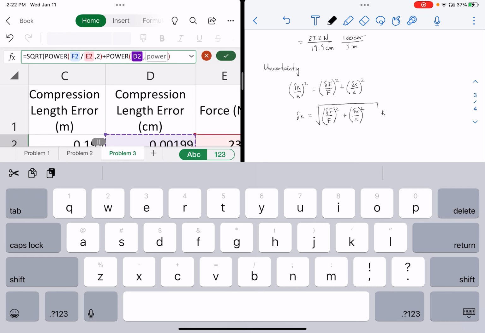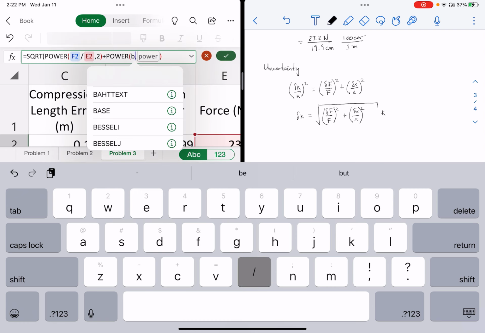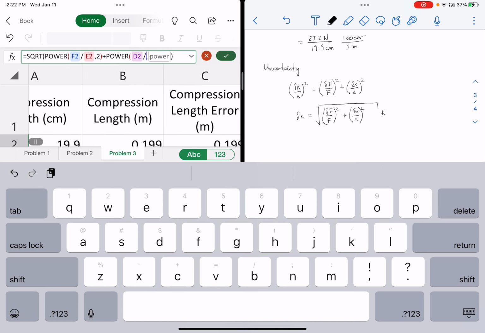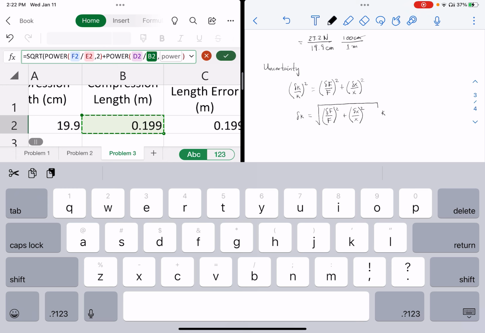Okay, so I didn't change the centimeters to meters, and I'll do that shortly. And that's going to be divided by, let me do that again, this is divided by the compression length in meters. If I did centimeters, that would be fine for both of them, but the units are just mixed up a little bit there. And then I have a power of 2.